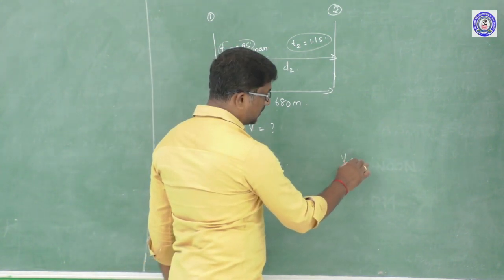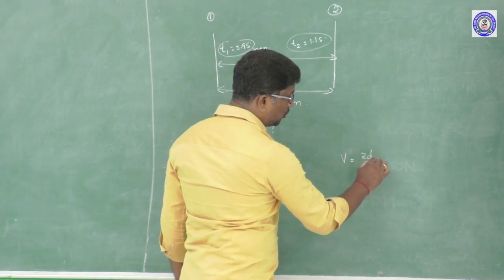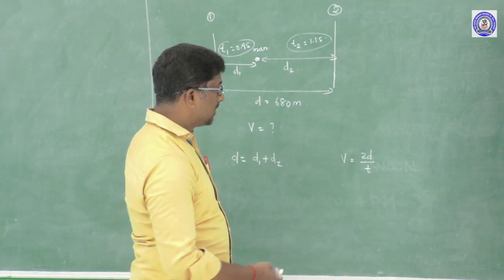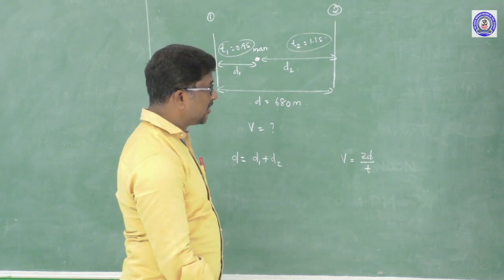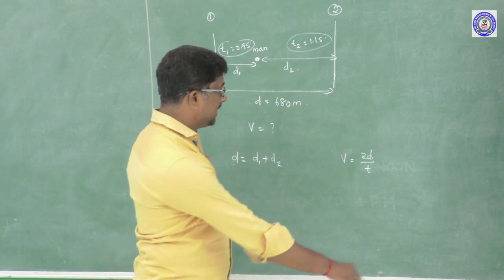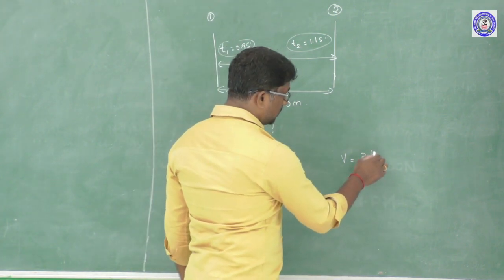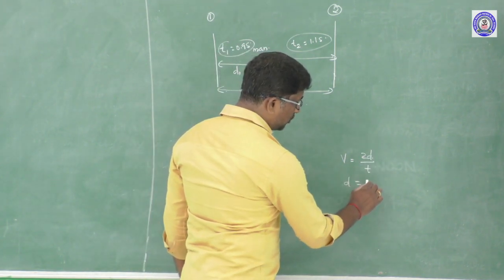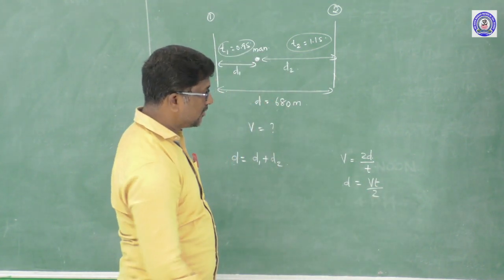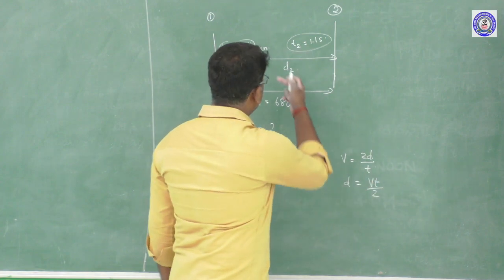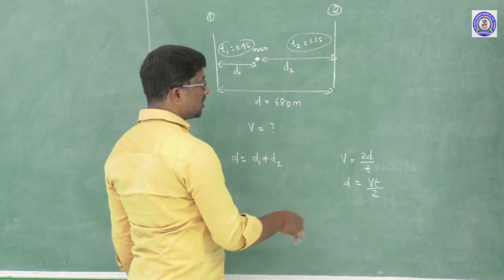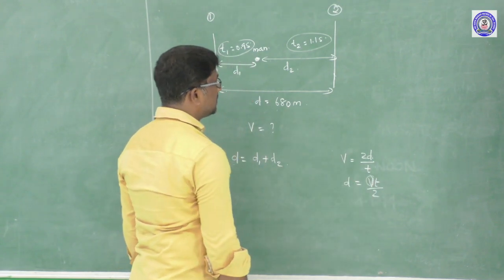Right. We know that velocity is equal to 2D divided by T. From the echo method, the velocity of a sound wave in a given medium is given by the formula V equals 2D divided by T. Therefore, D is equal to V into T divided by 2. When the sound wave travels in the left direction or the right direction, its velocity does not change.